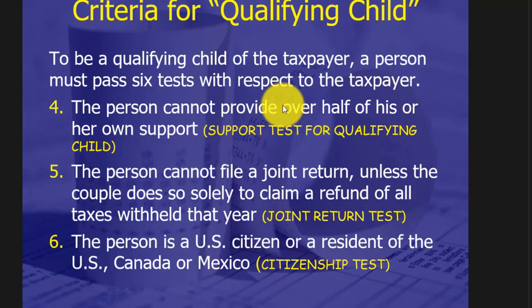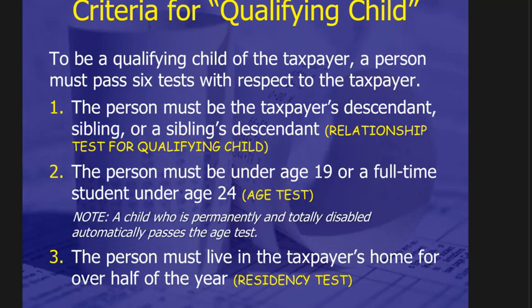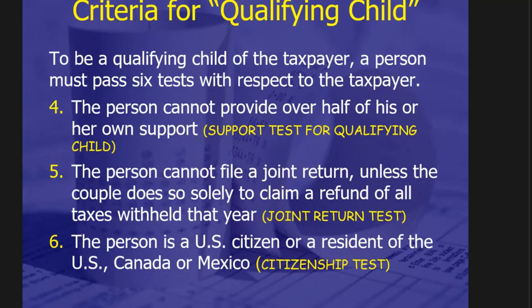It does not say that the parent or the family member provides over half. It says that they cannot provide over half. So it's a "not" test, if you will. Notice the age is the biggest one, and in the home for half a year. Okay, so that's qualifying child. That is the best scenario, or the most common scenario.